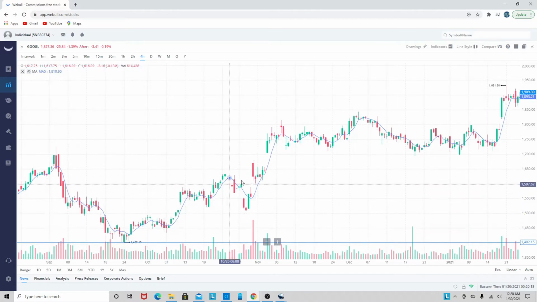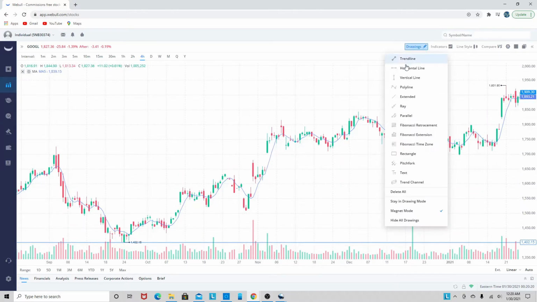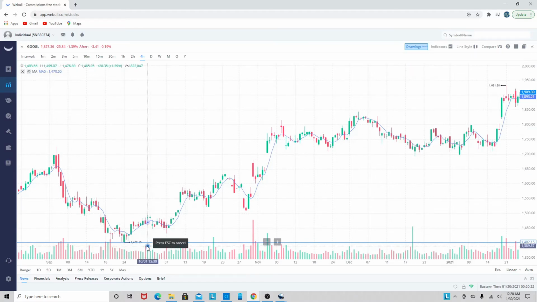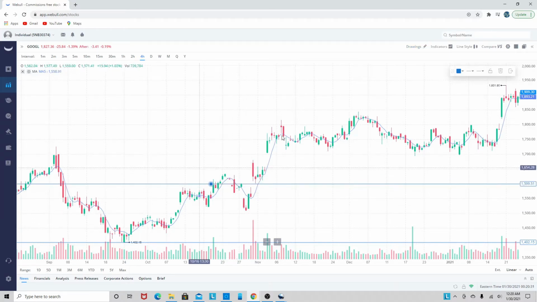Okay, so coming up from here, I need to find my first resistance off of that low, and it looks like it's going to be around here, right in this area. That's around $1,600, so I'm just going to drop my line in here. That looks like a little bit of resistance here, you could see.